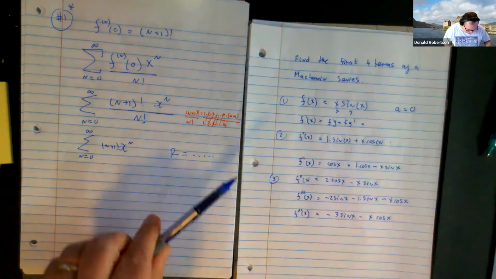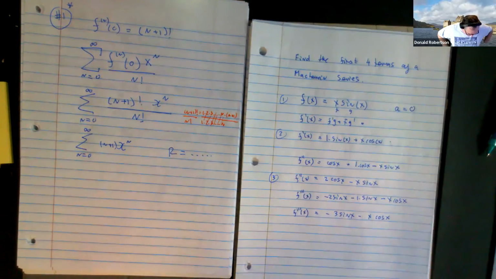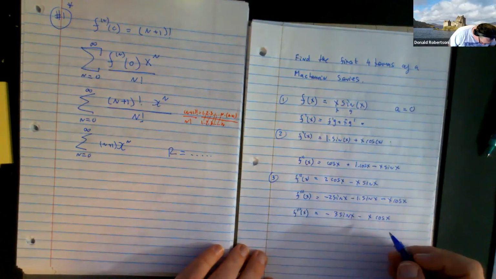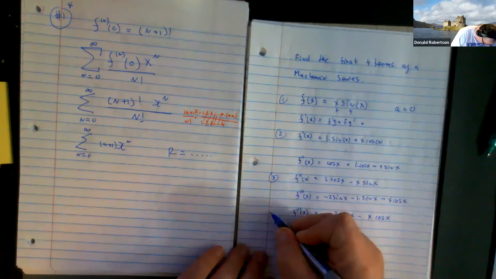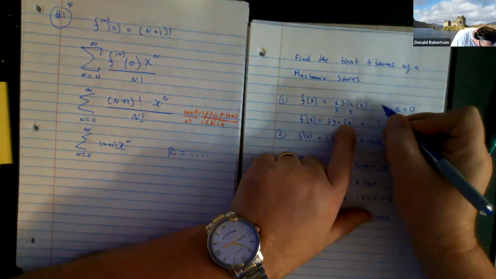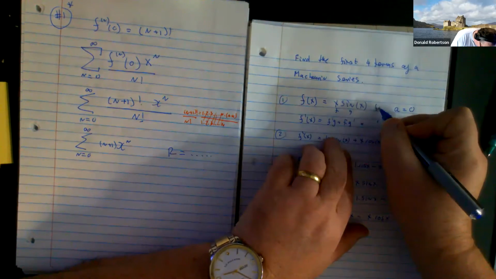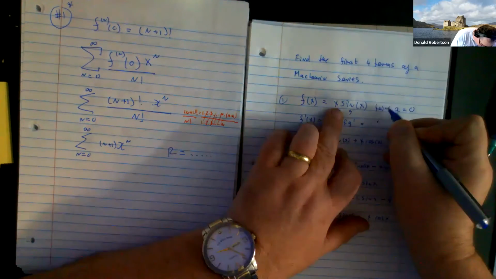Now, if you're going to evaluate the first 4 terms of this series, here we are. I need to find this guy at 0, this guy at 0, and so on. So f of 0 ends up being nothing times sine nothing.